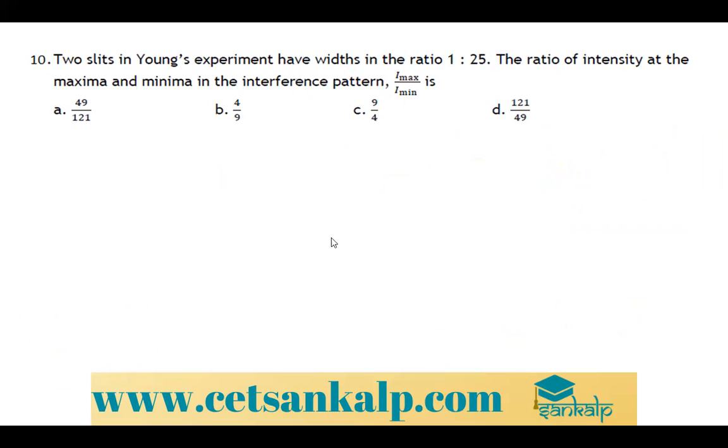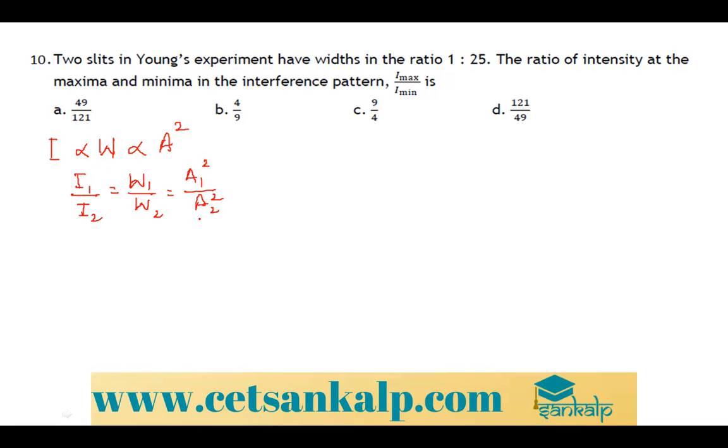So you know that intensity is directly proportional to width of slit, and also directly proportional to square of amplitude. So from this I can write I1 by I2 is equal to W1 by W2 is equal to A1 square divided by A2 square.